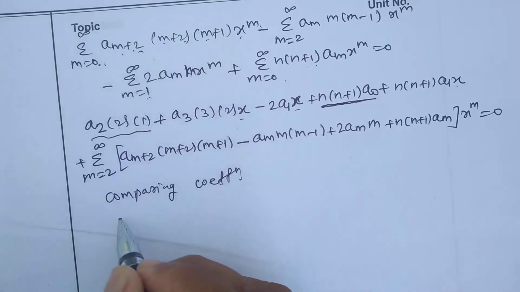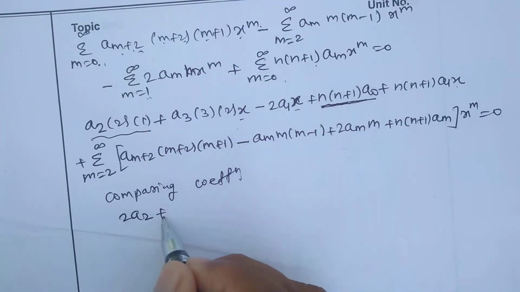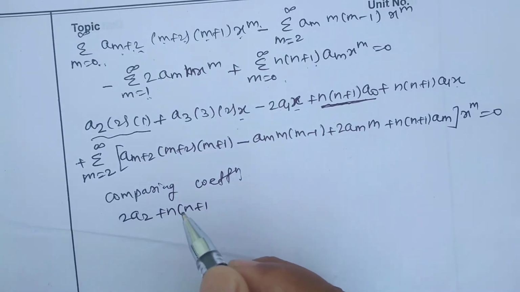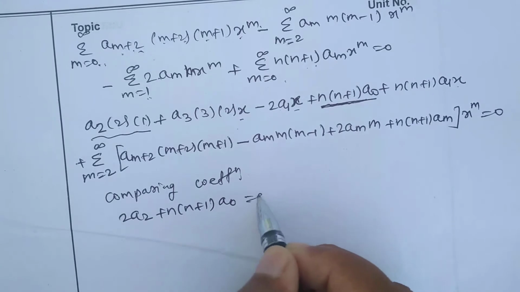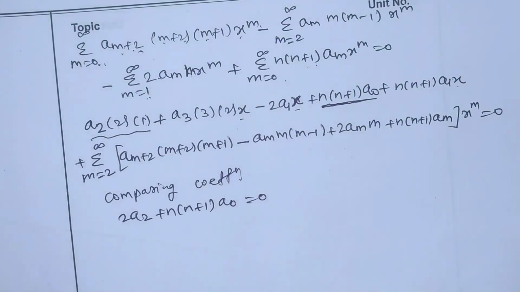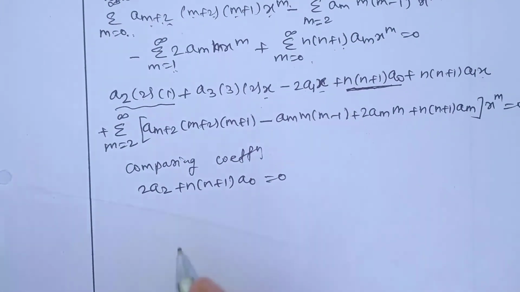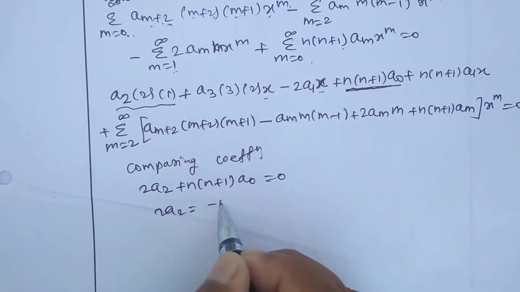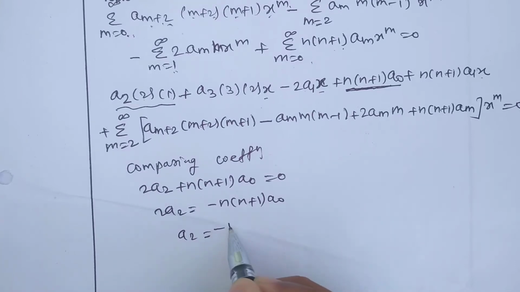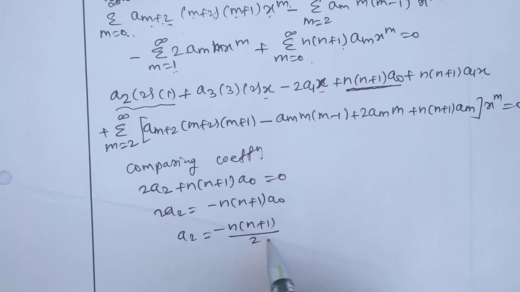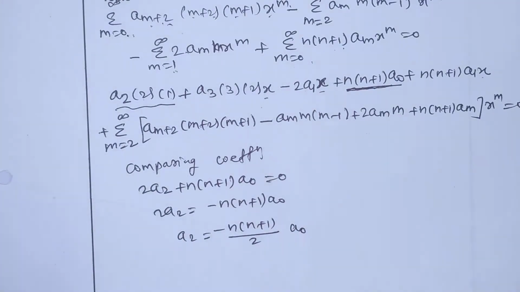So look at this: 2 times a2 plus n into n plus 1 times a0 is equal to 0. This implies 2 times a2 is equal to minus n into n plus 1 a0, that is a2 is equal to minus n into n plus 1 upon 2 a0. So we will get the value of a2.